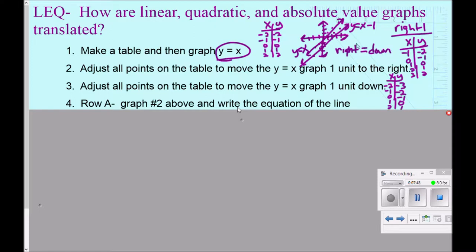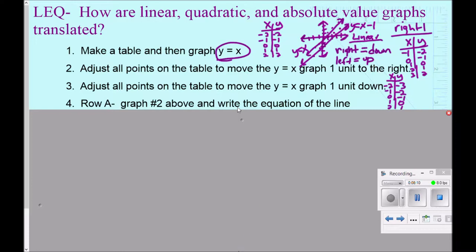Okay, and this is only for linear. This is only for y equals x equations. Okay, so then what we talked about next was the fact that if right and down are the same, then left and up are the same.